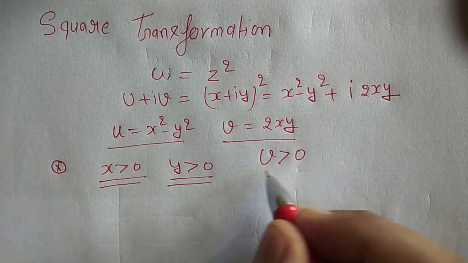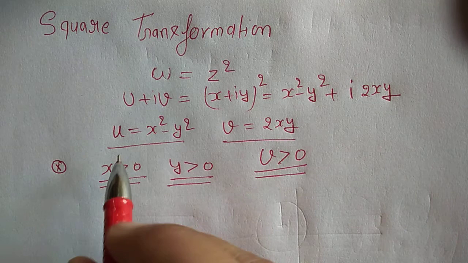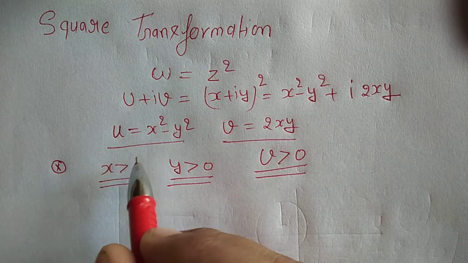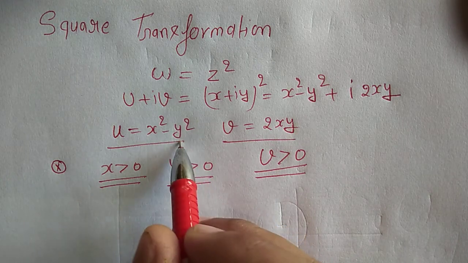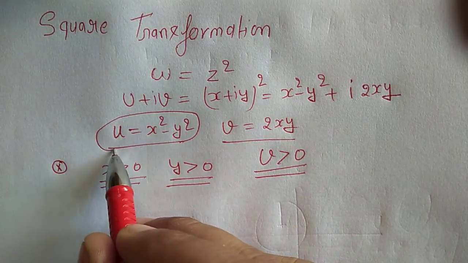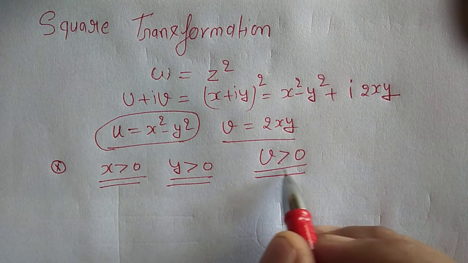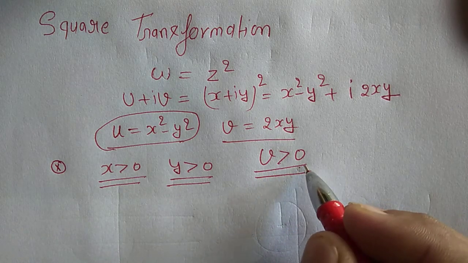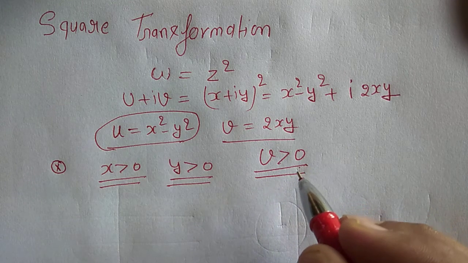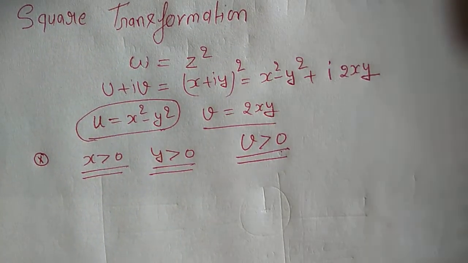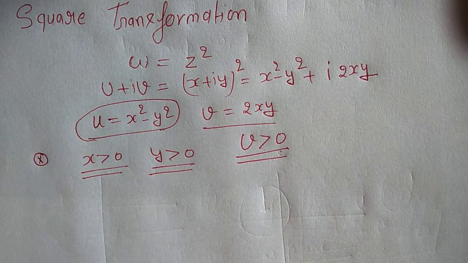So v will be positive. And for u there is no restriction, it may be positive or negative, so we have a restriction only on v. V positive means your curve is above the real axis, v is always positive.